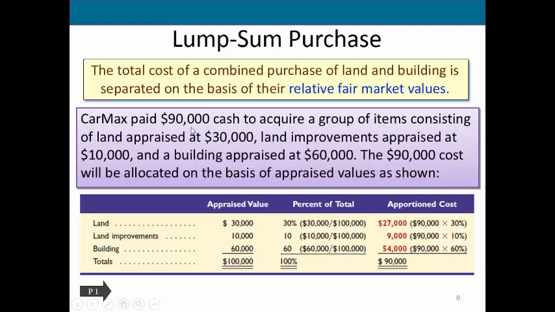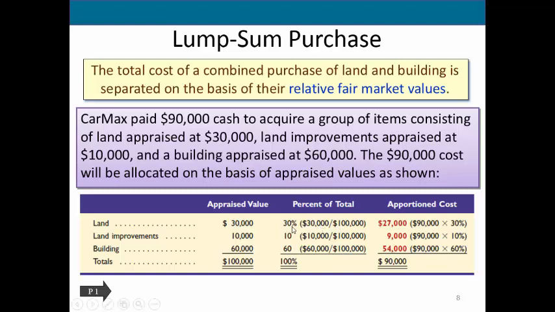So what we can do is we can separate the cost based on the relative fair market values of these assets. The way we do this is we look at the total fair market value of these three assets added together, and that's $100,000. And then we look at the percentage that each one of these makes up of that $100,000 fair market value. So for the land, of the total value, $30,000 of that is land.